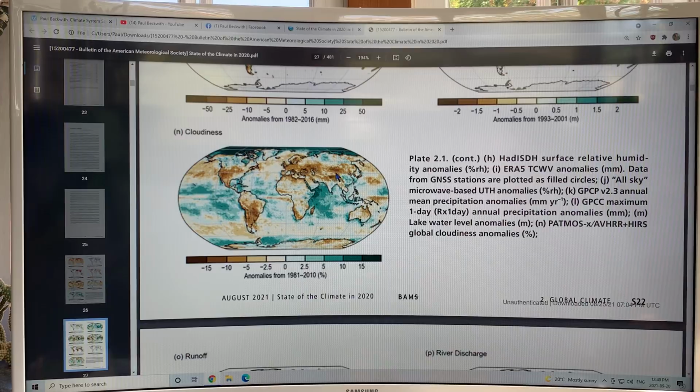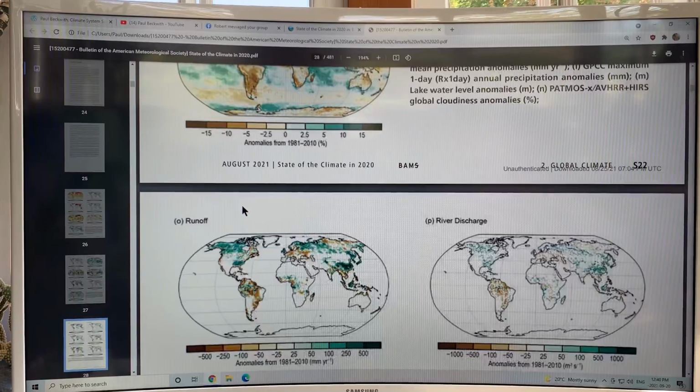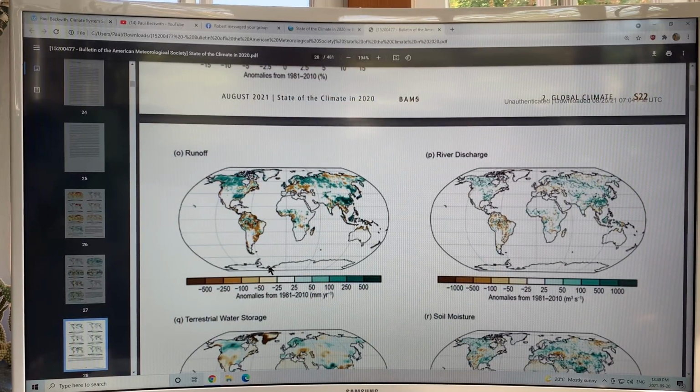Remember, this was a pandemic year, so industry was throttled a lot of the time, and there was less particulate matter, so less cloud condensation nuclei over the land, and perhaps that's the reason why there was a big drop here.